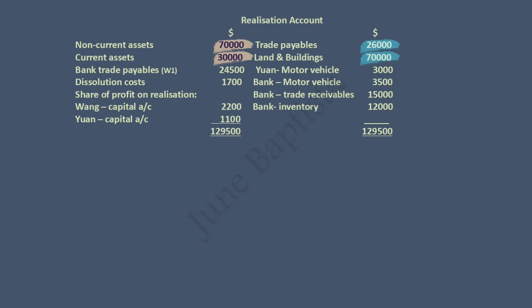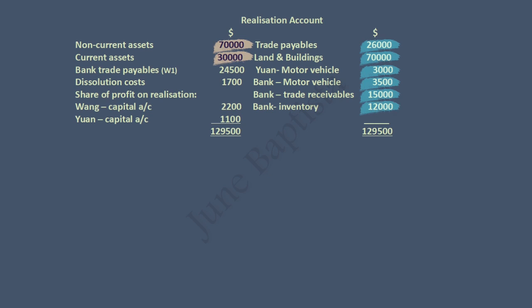One motor vehicle was acquired by Juan at the value of $3,000, also recorded on the credit side, and the other motor vehicle was sold for $3,500, which is recorded on the credit side again. Trade receivables realized $15,000 and inventory realized $12,000.